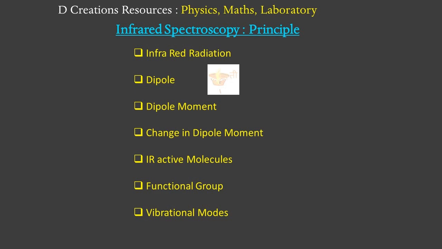So basically, a molecule will absorb infrared light when the frequency of the infrared light matches the vibrational frequency of the molecule. And this absorption of infrared light will create a unique spectral fingerprint for each molecule.